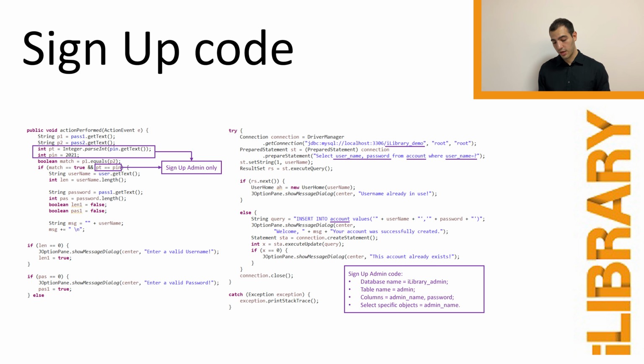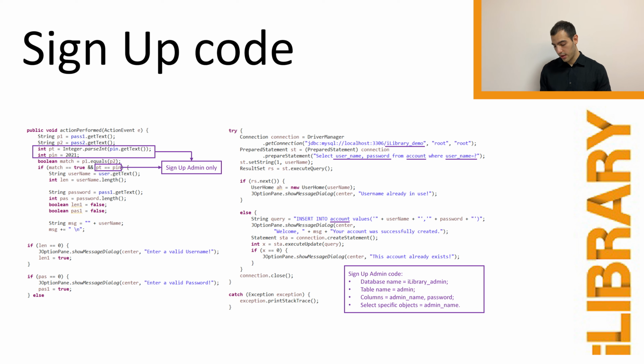Now we are looking at the sync up code, and this code is the same for username and admin, but admin has just something different, which is the addition of the pin, where the input pin should be equal to the pin written in the code to be able to proceed.